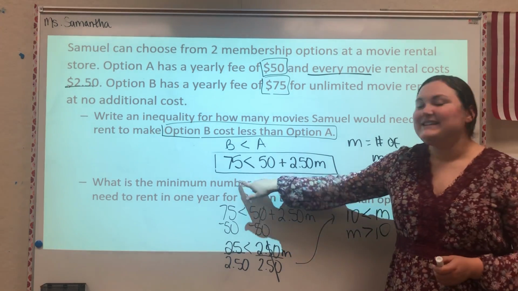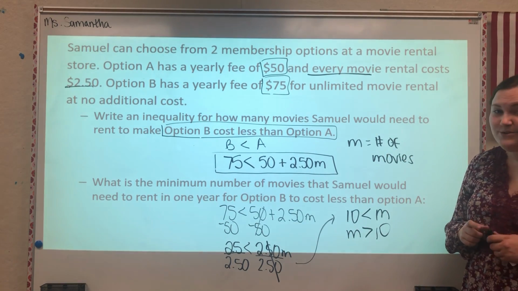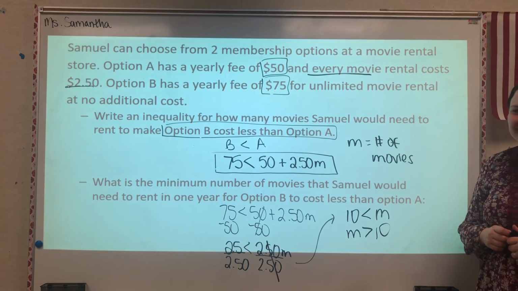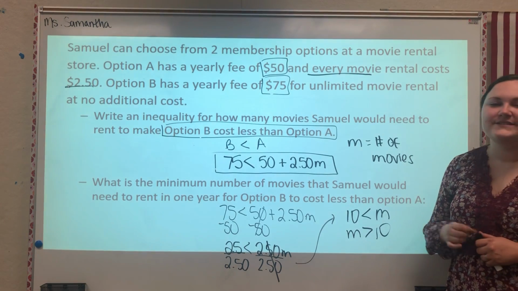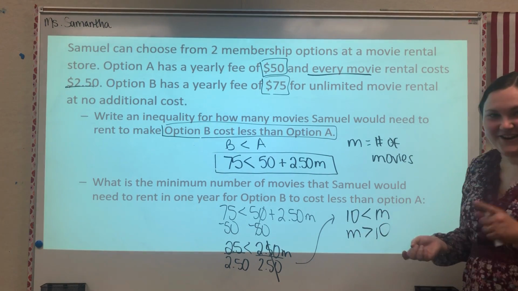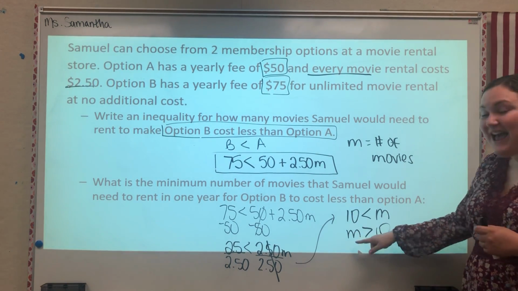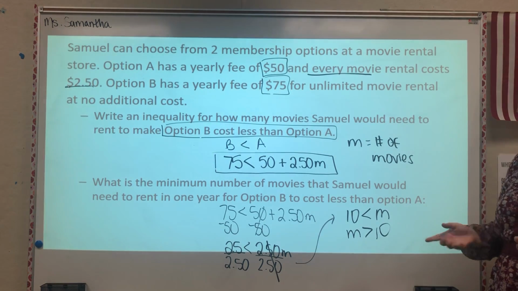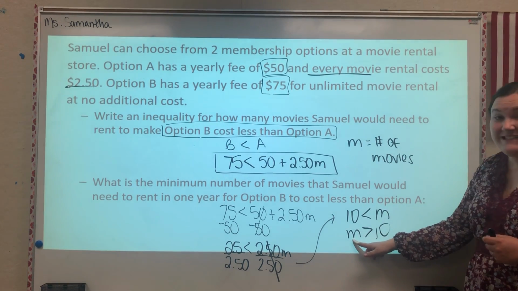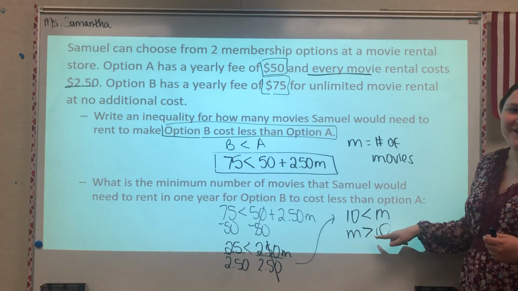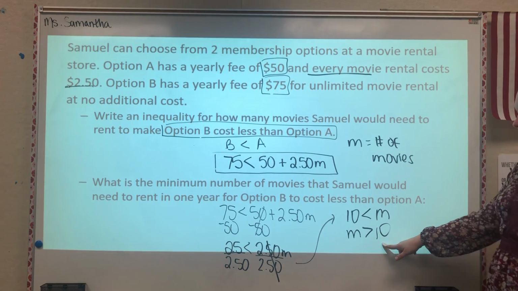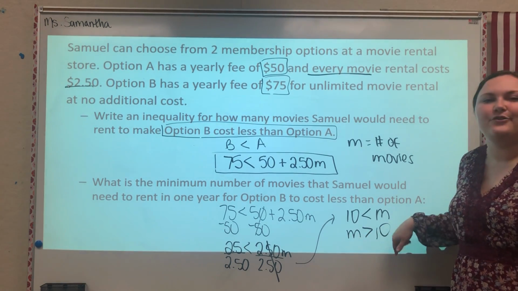So if I ask you, what is the minimum number of movies, what would you say? Well, oftentimes in class, everyone goes 10, and I say no. Because M, remember, is the number of movies. So it's saying M, the number of movies, needs to be greater than 10. So if we tell them to get 10 movies, 10 is not greater than 10.